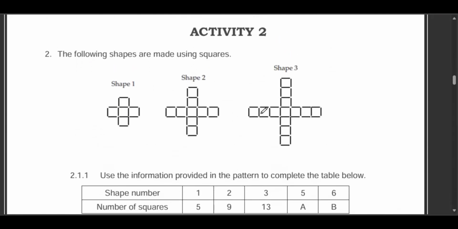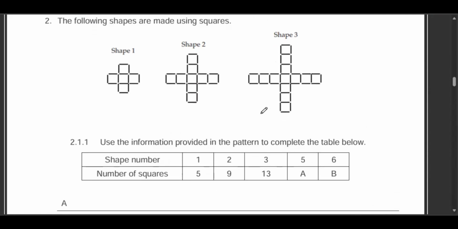It talks of geometric patterns. If they ask you for the next step, you study and find out. Shape number 1 has how many squares? It has 1, 2, 3, 4, 5. So step number 1 has 5.